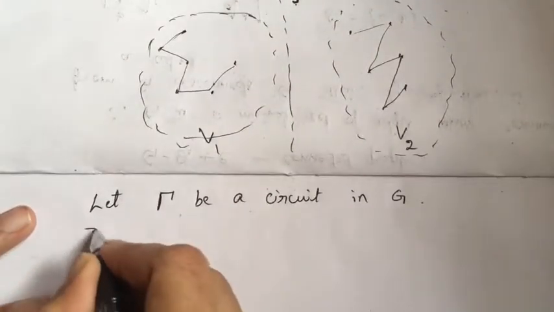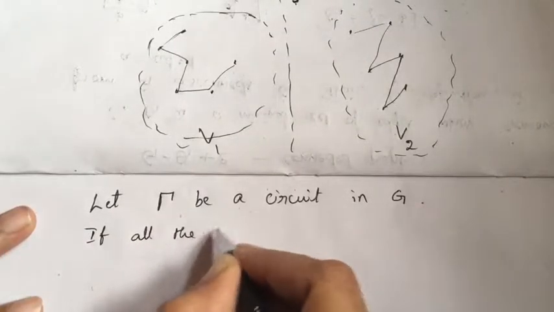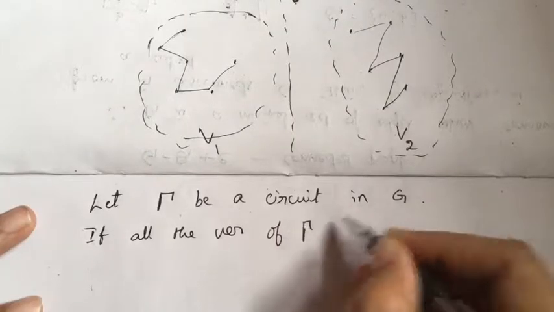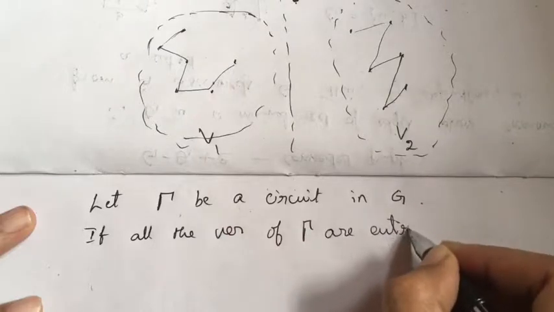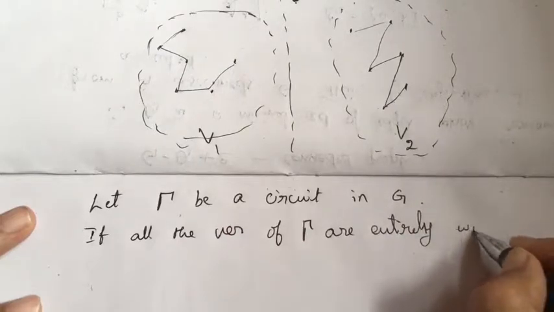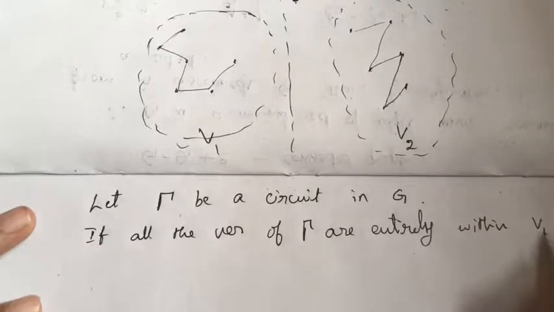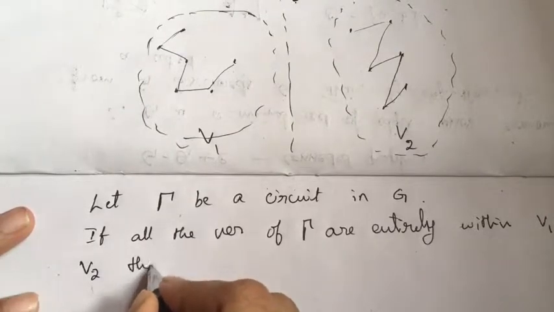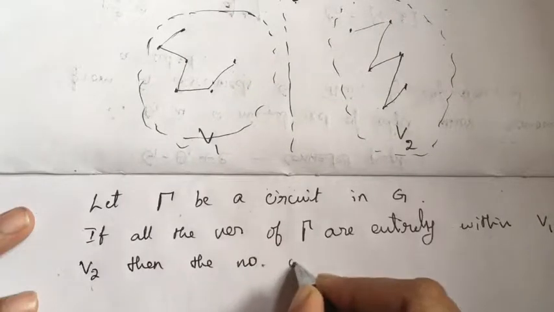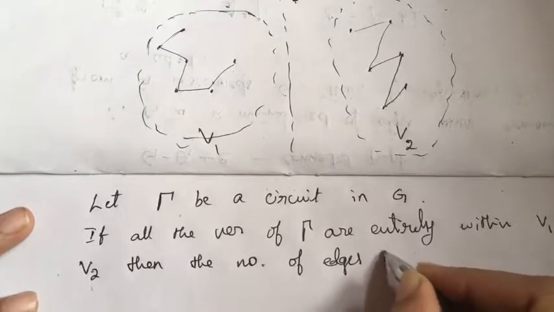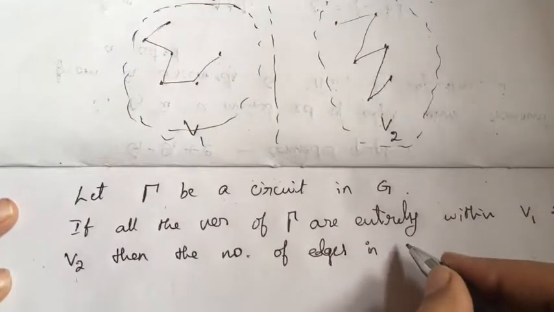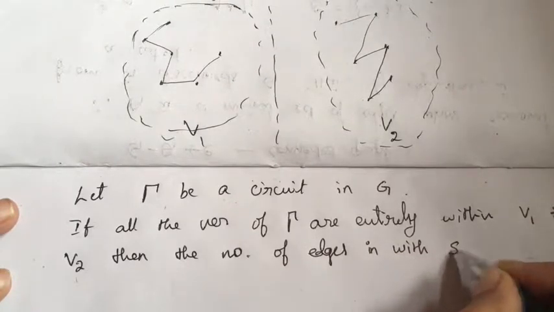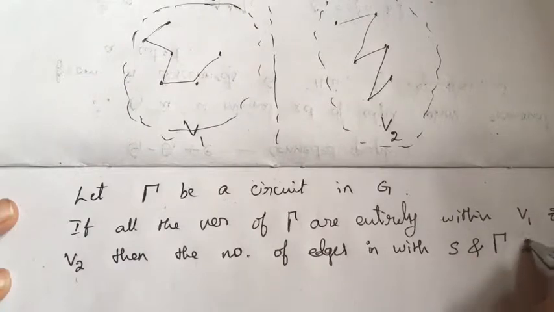That's all. If all the vertices of gamma are entirely within V1 or V2, then the number of edges in common with S and gamma is 0.